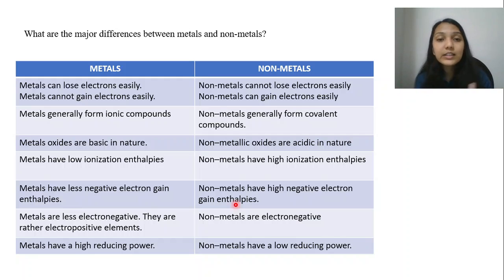And towards the right, non-metals have high ionization enthalpy and more negative electron gain enthalpies, right? Metals are less electronegative and are usually called electropositive, and non-metals are electronegative. Fluorine is the most electronegative atom, right? And metals have high reducing power and non-metals have low reducing power.